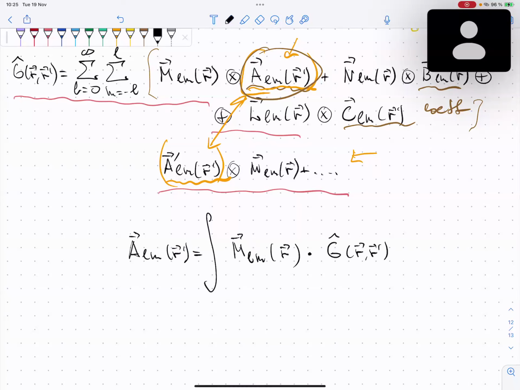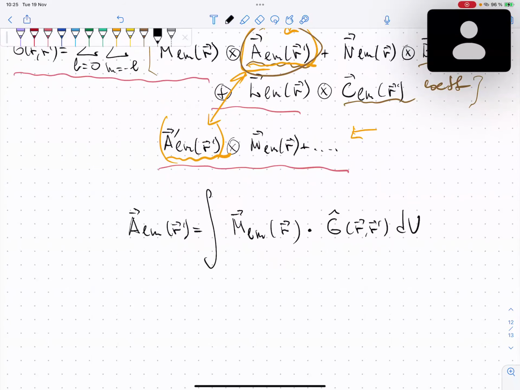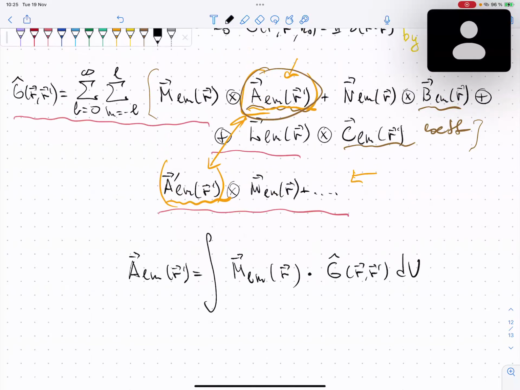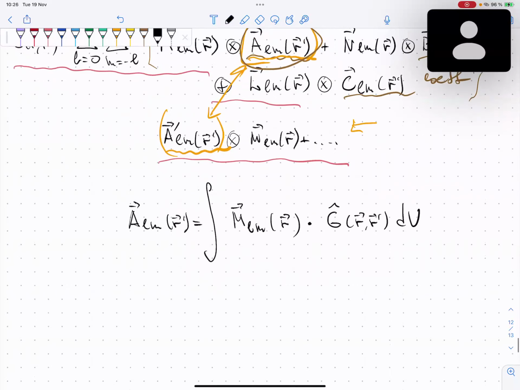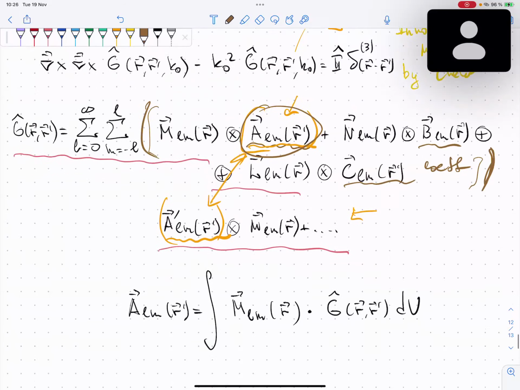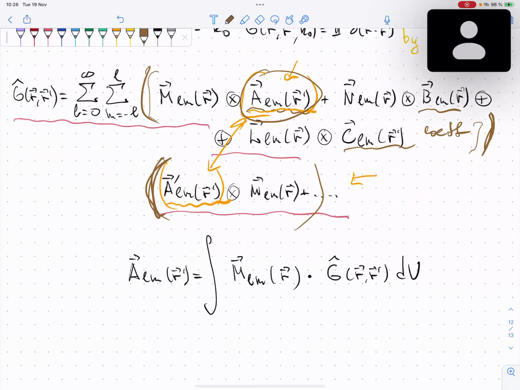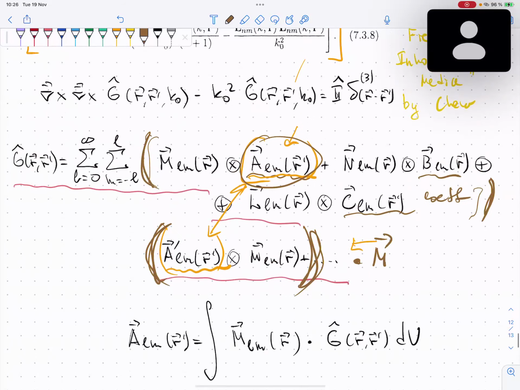Because vector spherical harmonics are orthogonal, if we multiply this big expression from the left, in this case you need to multiply from the right, and in this case from the left, because you get different things here.